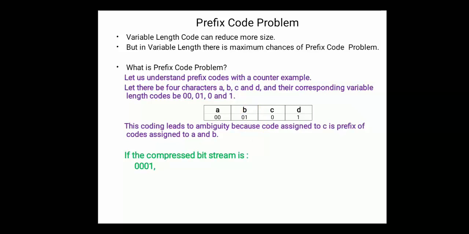Suppose our compressed file bit stream is 0001. Now once we start to decompress it to get the original output, we see 3 zeros and then a 1. Each 0 can be represented as C, so we can get the output C, C, C and D.